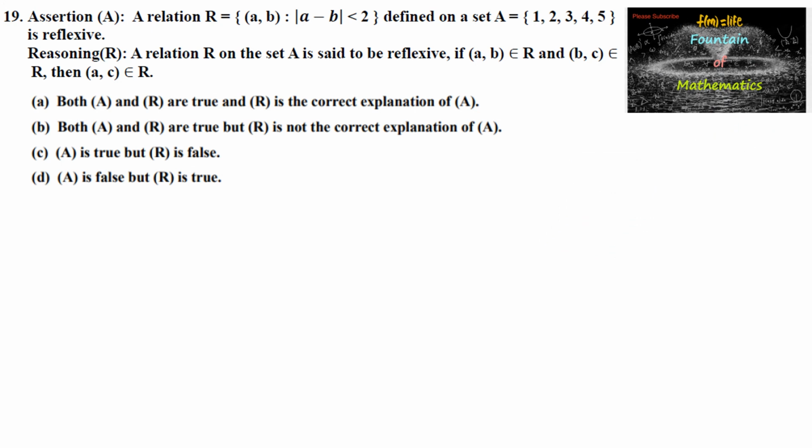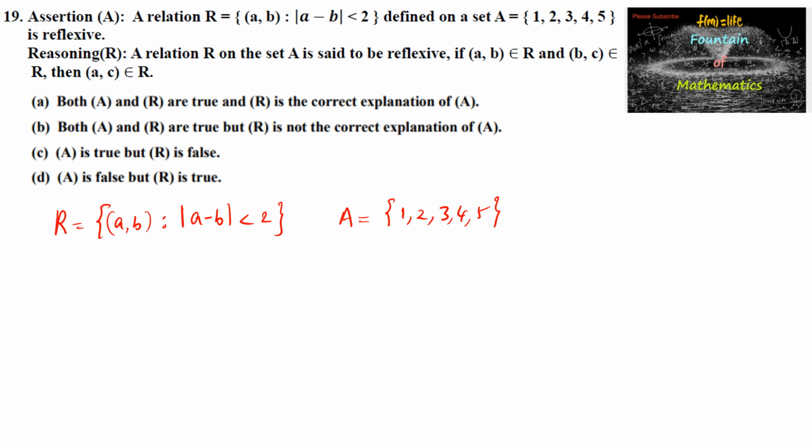Assertion and reasoning. Assertion: given a relation R equal to (A, B) such that mod of A minus B is smaller than 2, defined on a set A equal to 1, 2, 3, 4, 5, is reflexive.